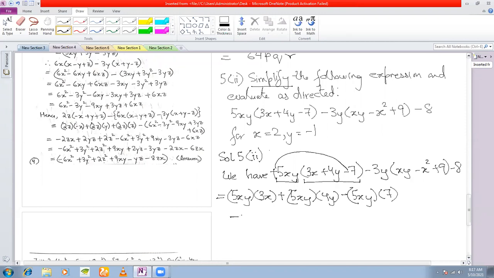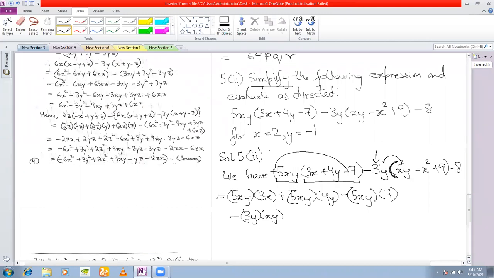Okay. And you multiply this 3y here with this xy. Now remember one very important thing here, that you have a 3y here and you have a minus sign here, which is outside this bracket. Minus sign just outside a bracket.